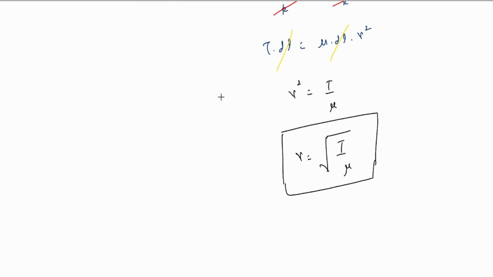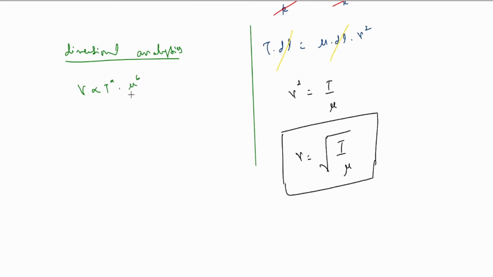The same expression can be obtained in a much simpler way by using the method of dimensional analysis. You can try on your own. Assume that velocity is proportional to T power a into mu power b.